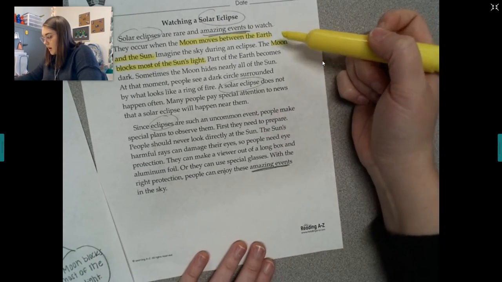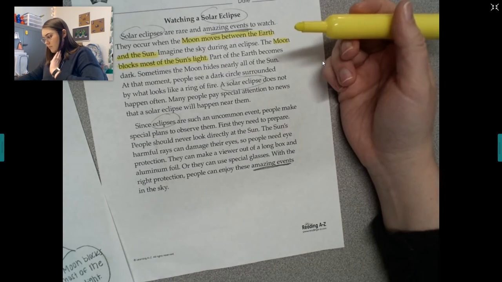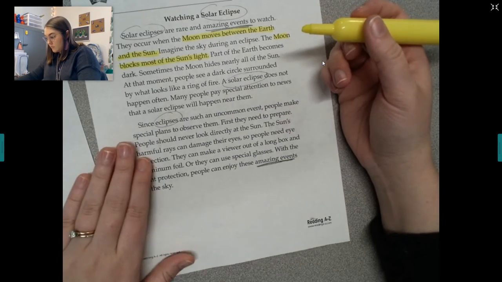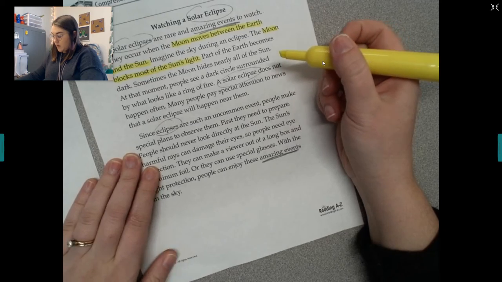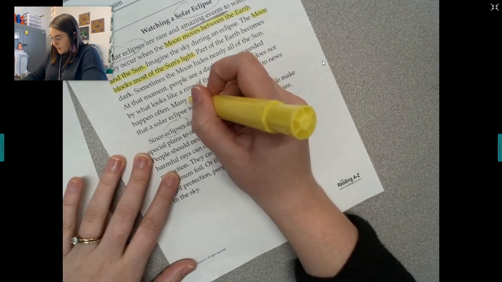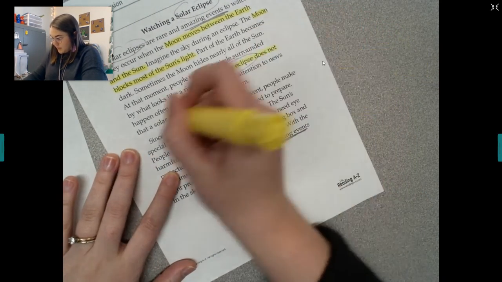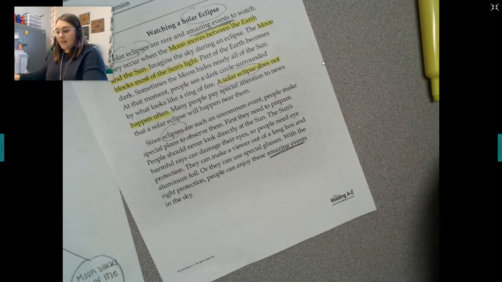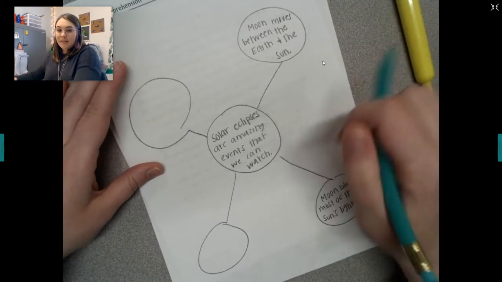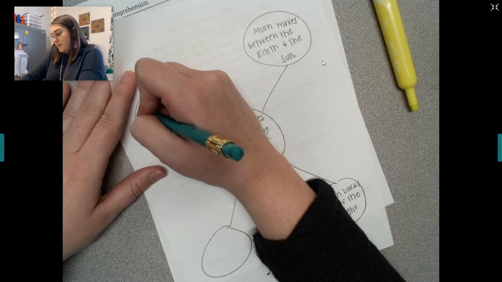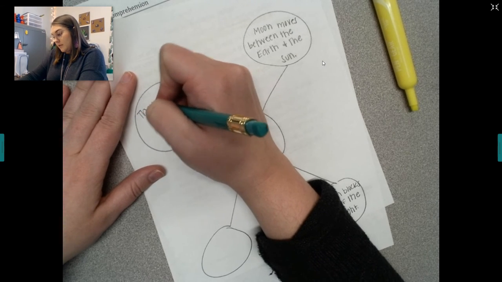Part of the earth becomes dark. Sometimes the moon hides nearly all sun. Okay, so I'm going to say that solar eclipses do not happen often. That's another reason why they're such an amazing event. They do not happen often.